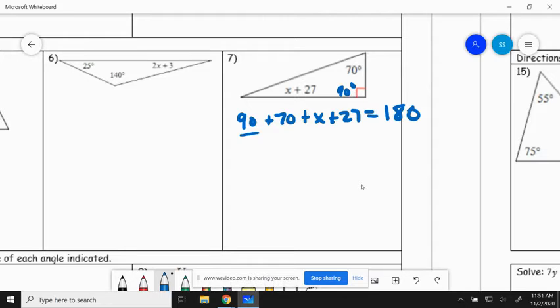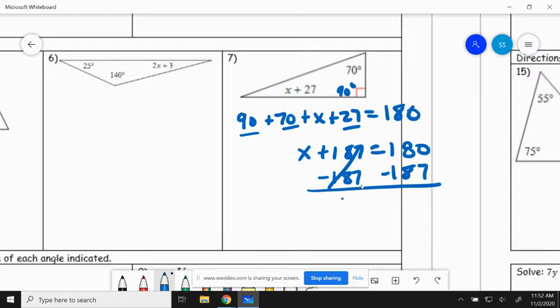Go ahead and combine these like terms, and we get 187. So we get x plus 187 is equal to 180. And subtract 187. Do it to one side, got to do it to the other side. And you're left with x is equal to -7.